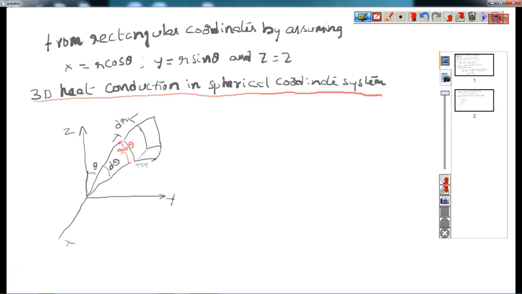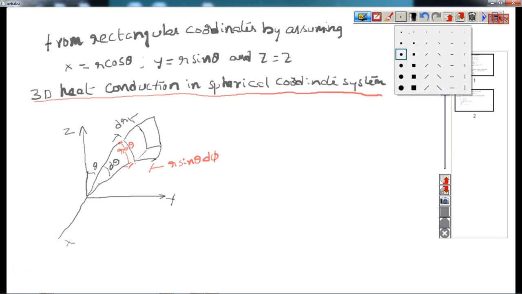And this one is R sin theta d phi, where d phi, how did you get this? d phi is nothing but, to get the d phi, how did you get this? I'll show you how you have got it.